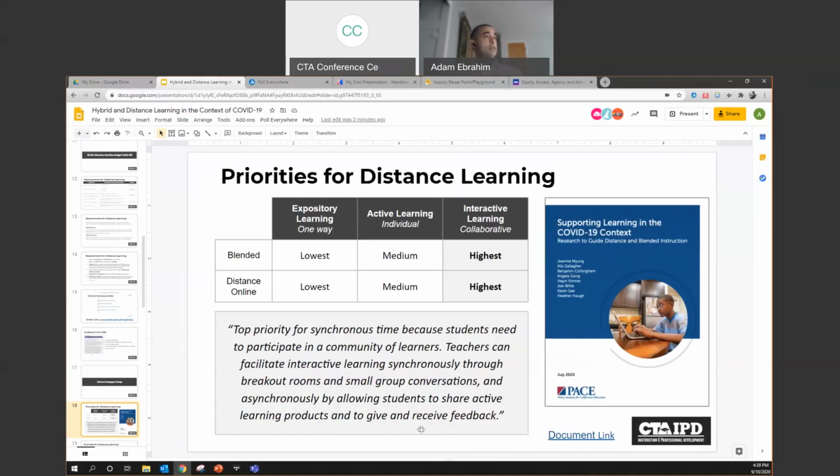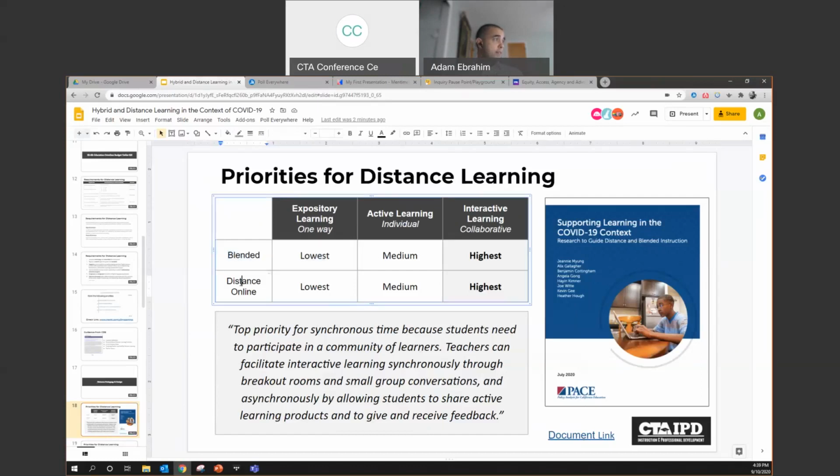I wanted to call your attention to a figure in the document that talks about what my priorities should be as an educator in a blended or distance environment. They break instruction into three modes.